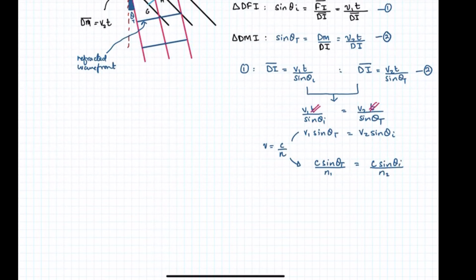And we can rearrange this to give me n1 sine of theta 1 equal n2 sine of theta t, which is again Snell's law.